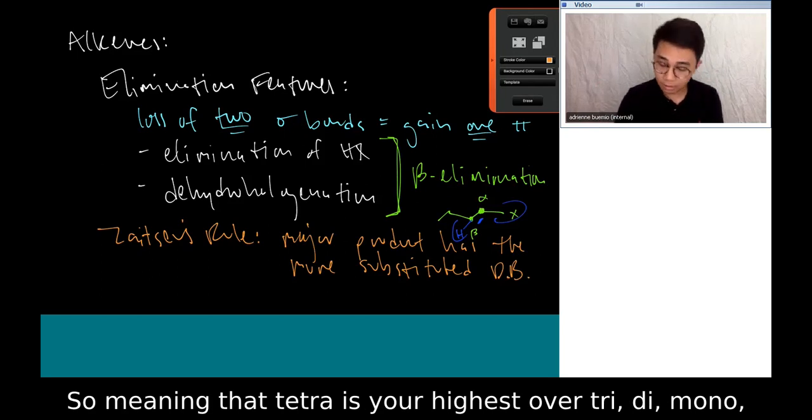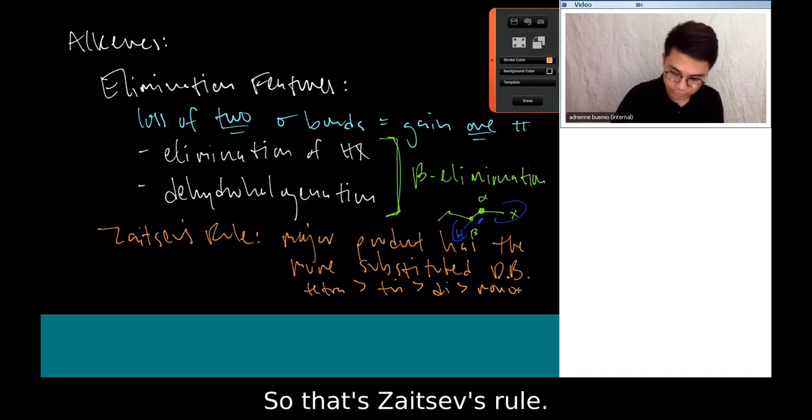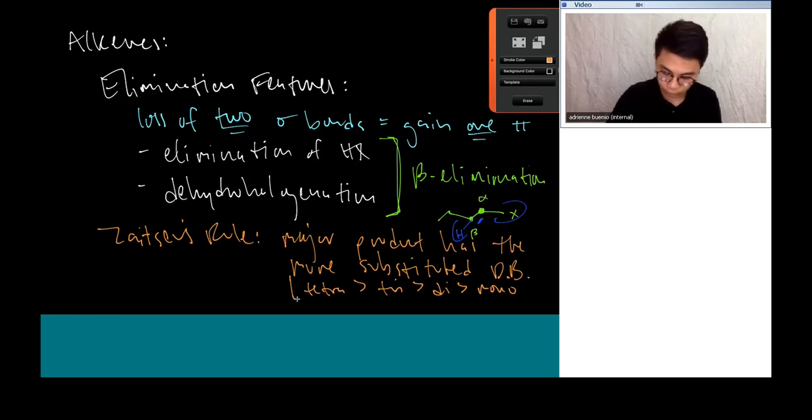Meaning that tetra is prioritized over tri, di, mono, or nothing at all, right? So that's Zaitsev's rule.